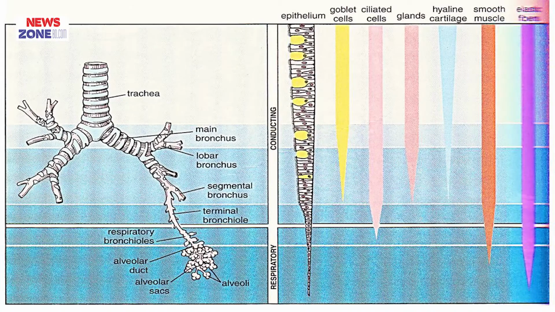Between alveoli, the bronchiolar epithelium consists of ciliated cuboidal epithelium, although cilia may be absent in more distal portions. Smooth muscle and elastic connective tissue lie beneath the epithelium of the respiratory bronchioles.